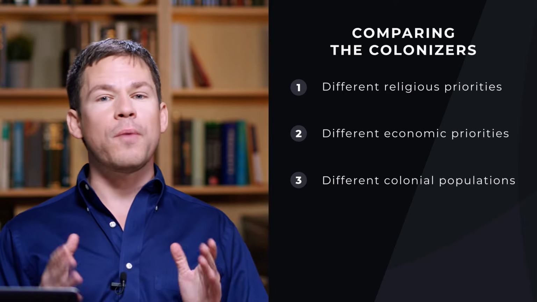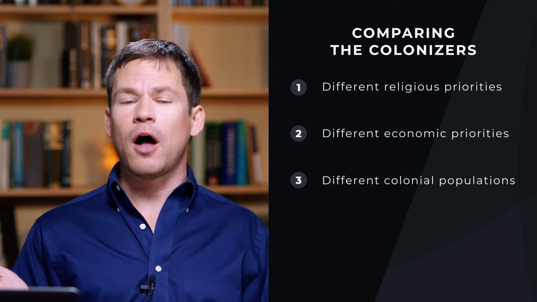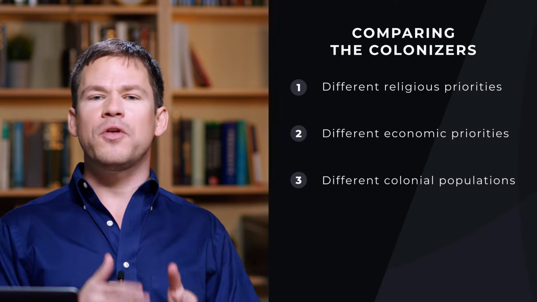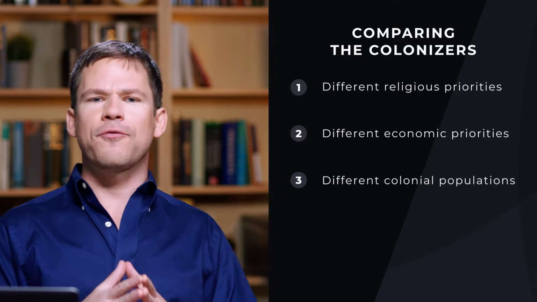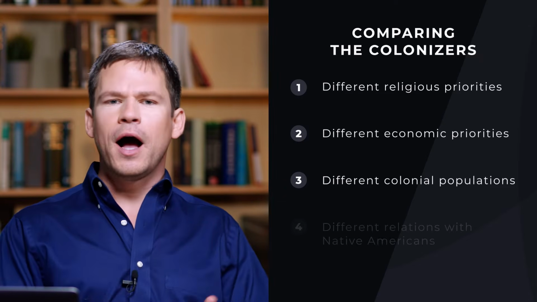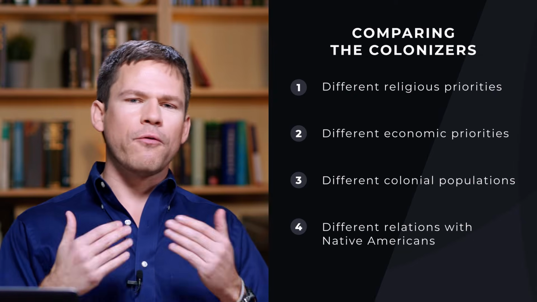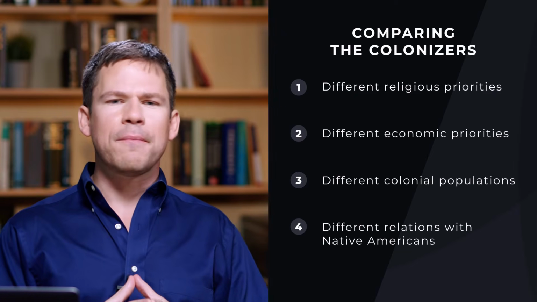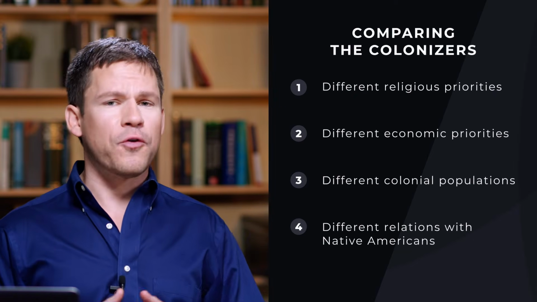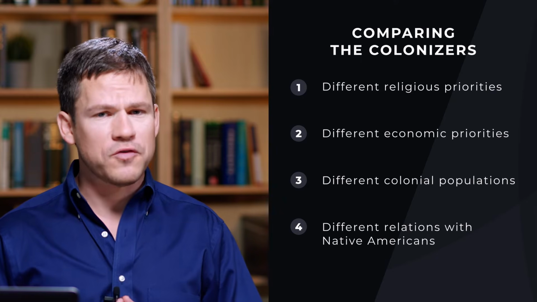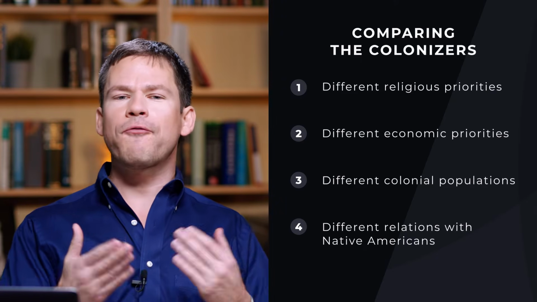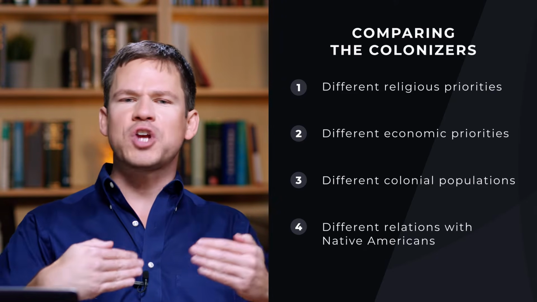Now, that is also impacting how each of these colonizers interacted with native populations, whereas the Spanish were focused on using Indian labor and also converting them to Christianity. Then the French are also trying to convert natives to Christianity, but they're focused on the fur trade, which is an equal exchange, okay?